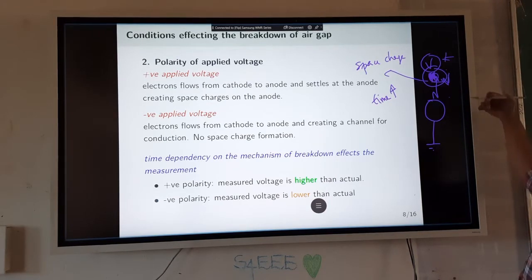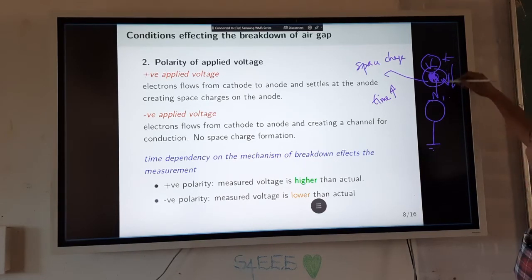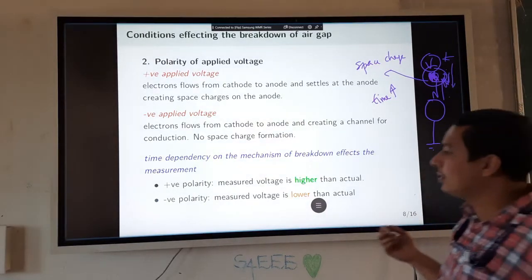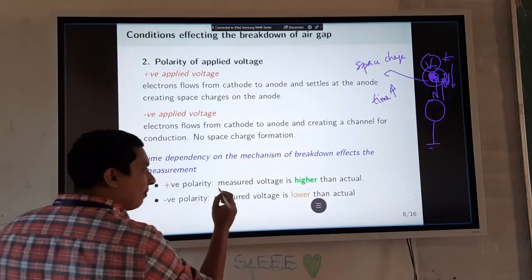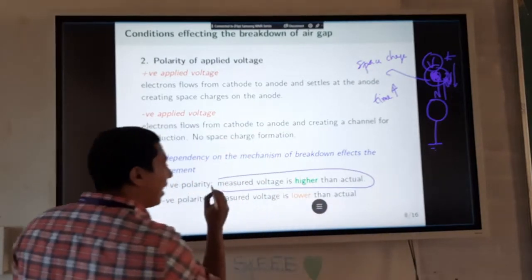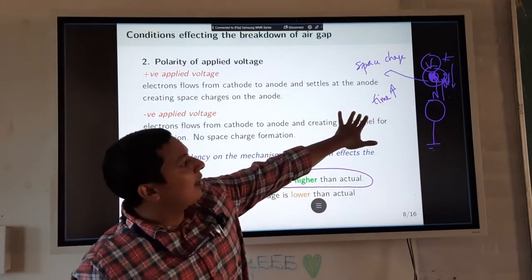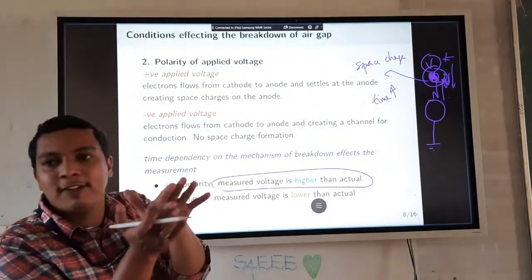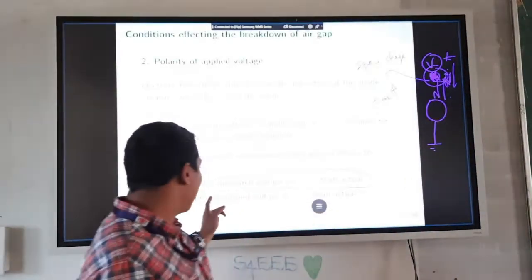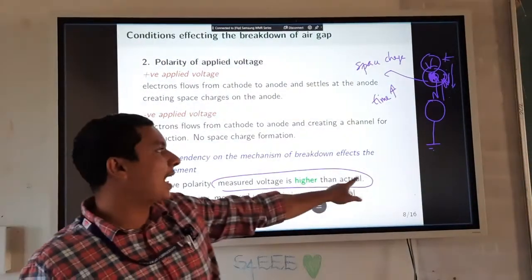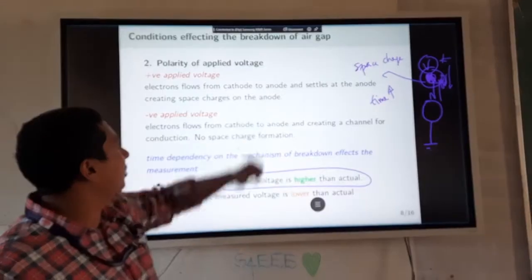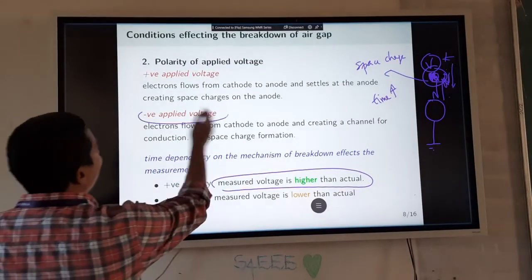While changing the distance, you keep reducing the gap, and the breakdown happens at a smaller gap distance than it should. So for a positive polarity, the measured voltage will be higher than the actual value, mainly because the time required for this process is higher and you are moving the spheres faster.